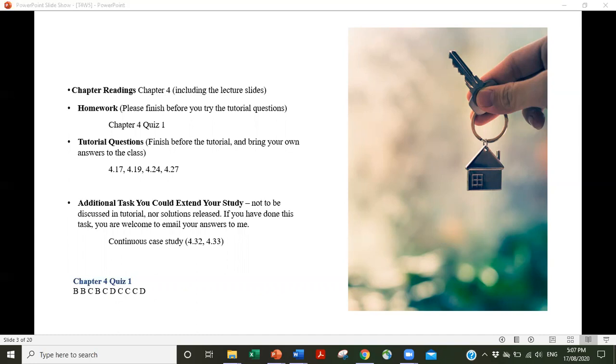It's a case study that goes across a number of chapters as well. The quiz that she set up, I'm not going to go through those questions, but the answers are there. It's not a very well constructed example, although if you guessed C to most of them, you would have got a lot right.